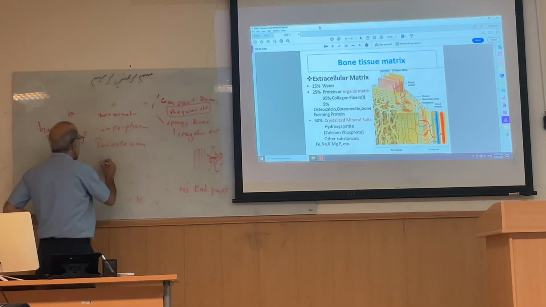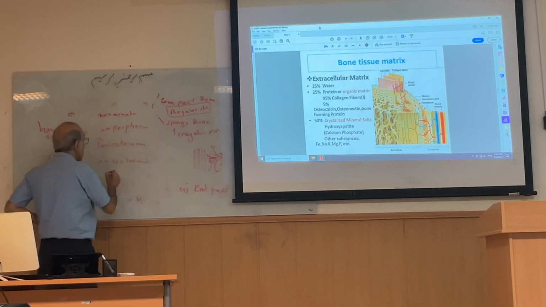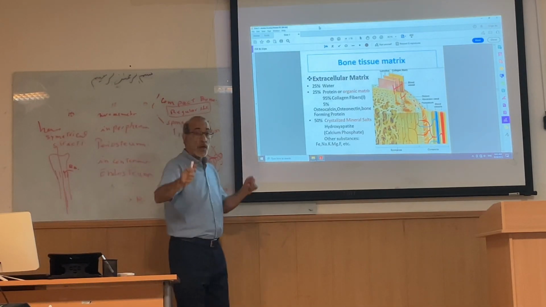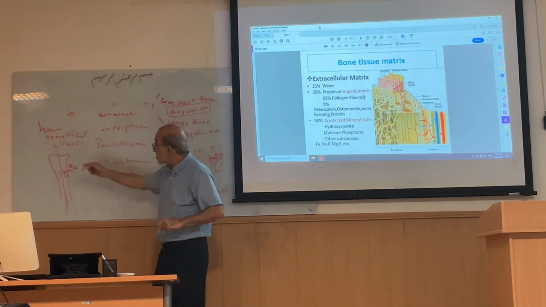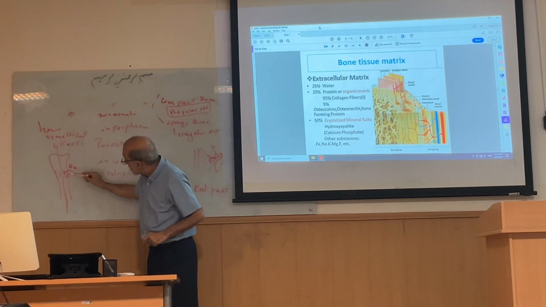In the central part, it is covered by endosteum. In the structure of one bone, you can see peripheral and central.